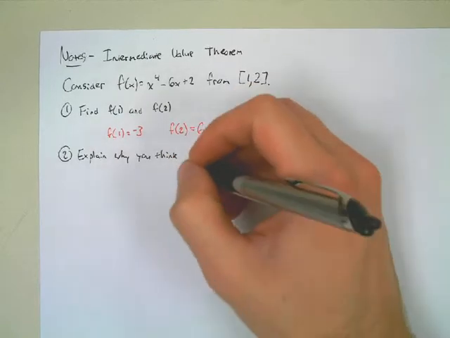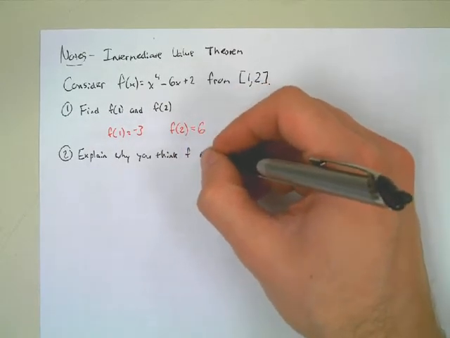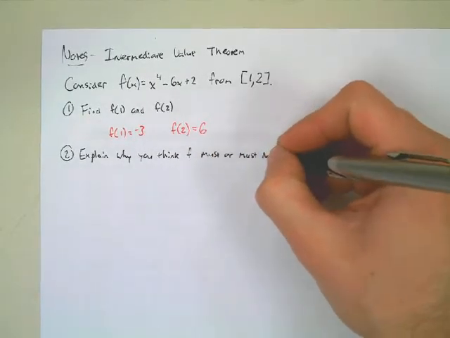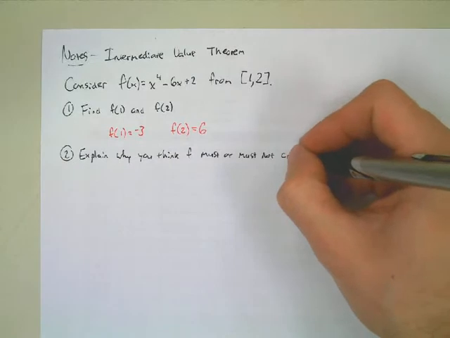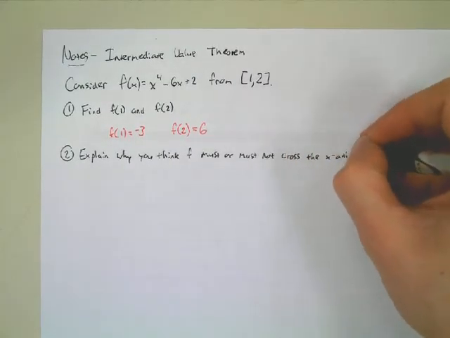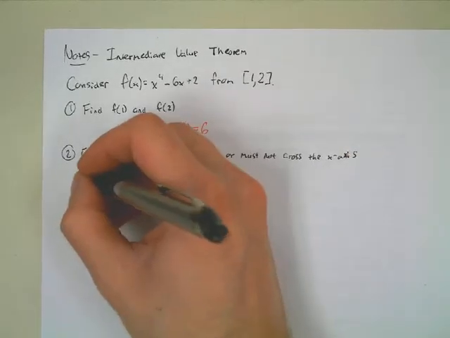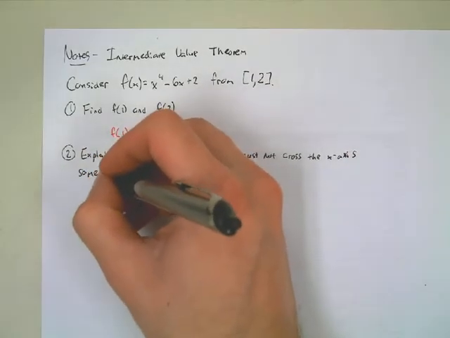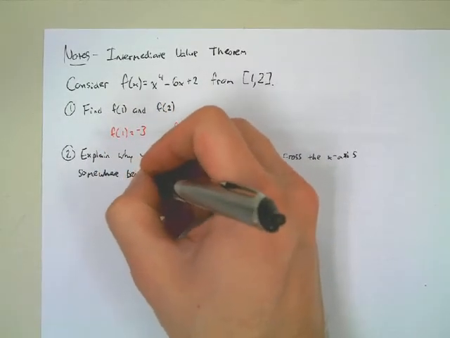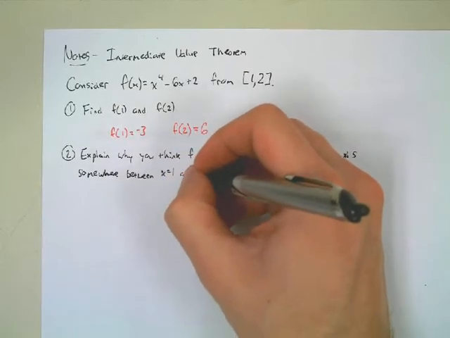But explain why you think f must or must not cross the x-axis somewhere between x equals 1 and x equals 2.